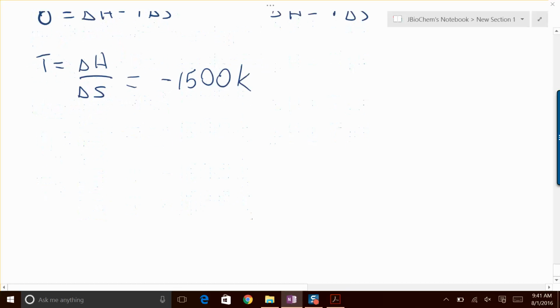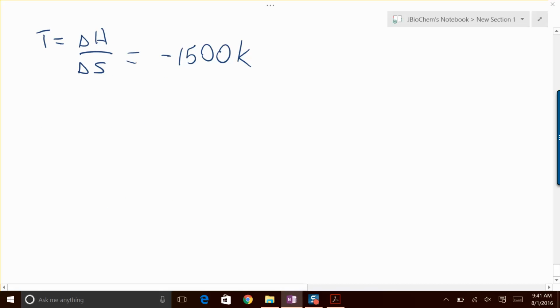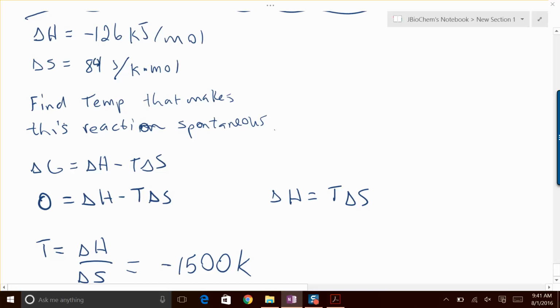Okay, excellent. So let's try another one. What was the last thing you said? I said that this reaction is going to be spontaneous at all temperatures, because delta H is negative and delta S is positive. Looking at this equation, there is no temperature that you could acquire that would force this term to become positive.